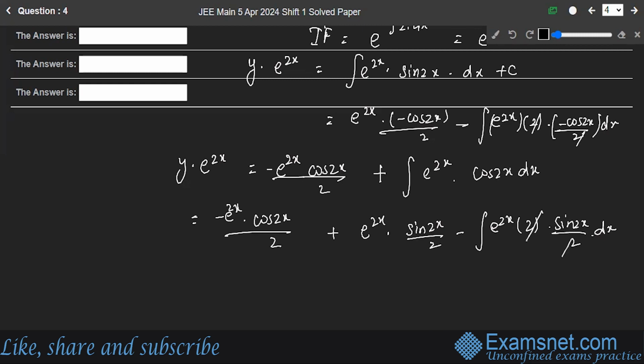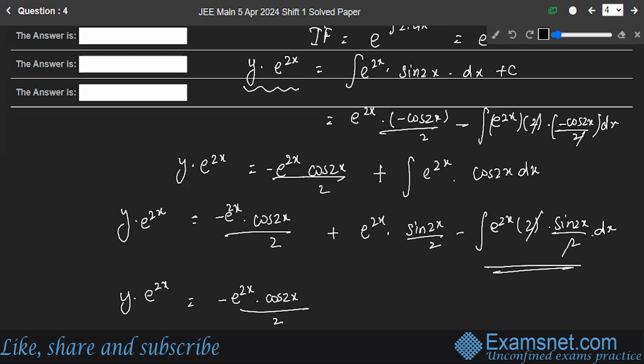This 2 and 2 cancel. See, this is equal to y into e^(2x) itself. So you have y e^(2x) is equal to this cos 2x upon 2 plus this e^(2x) sin 2x upon 2 minus y e^(2x) from 1.